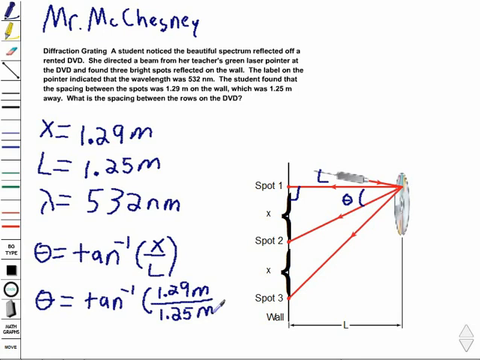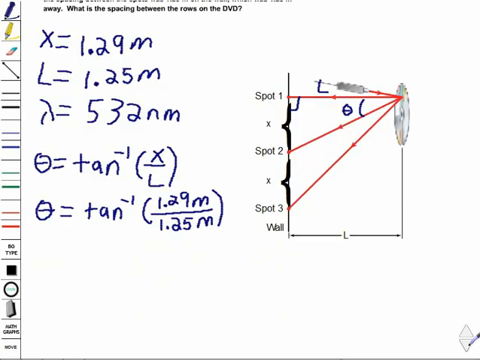And we're going to divide it by the length from the wall, 1.25 meters. So that's going to give us an answer of 45.9 degrees. Now, is that answer reasonable?